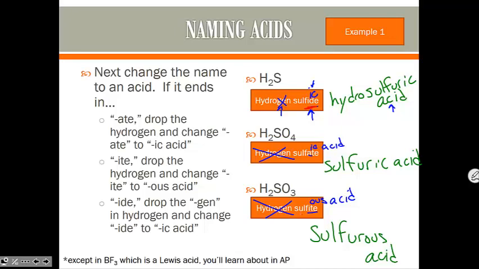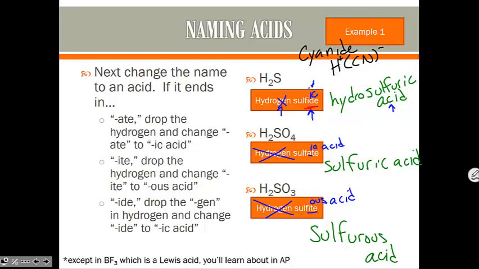But it is not just binary acids. There are other ones in which the anion ends in ide, such as cyanide. Cyanide is a carbon and nitrogen that have an extra electron. Cyanide would make hydrocyanide if paired with a hydrogen, giving you hydrocyanic acid.